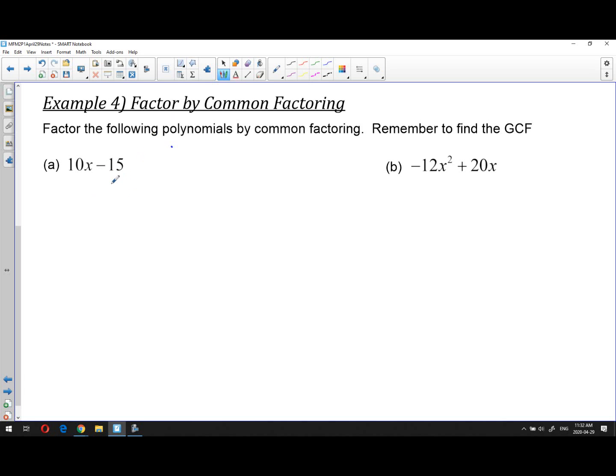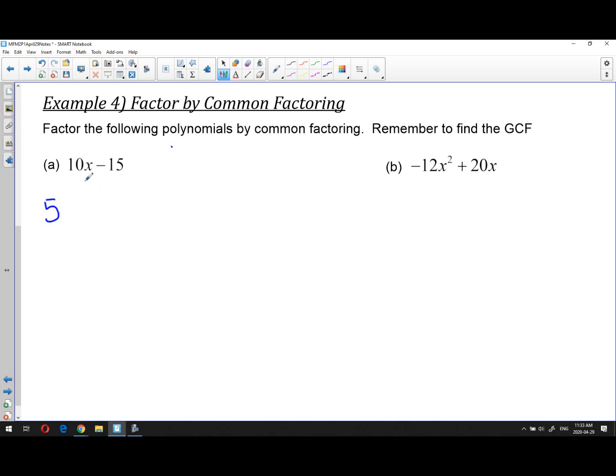We need a number that divides evenly with both of them. 4 doesn't work with either. How about 5? 10 divided by 5 works, so does 15 divided by 5. So 5 is our greatest common factor.